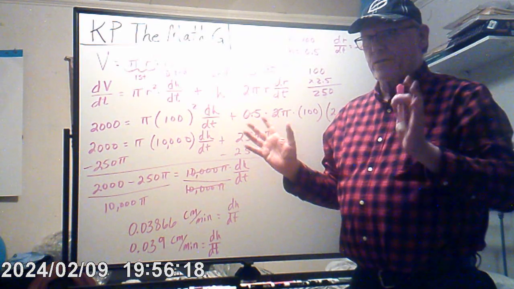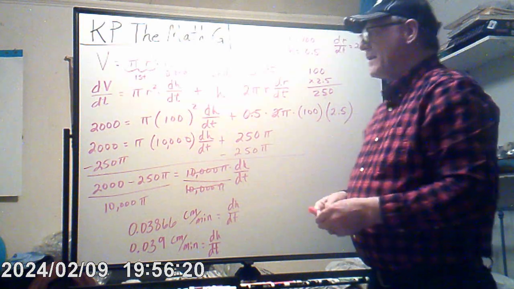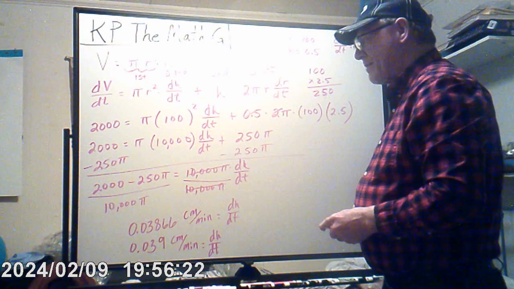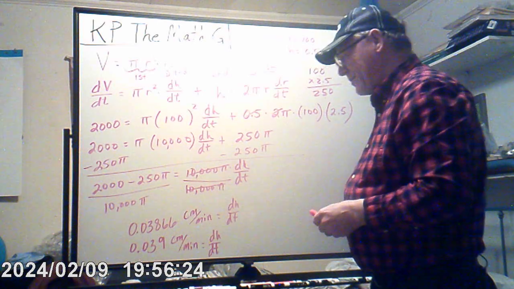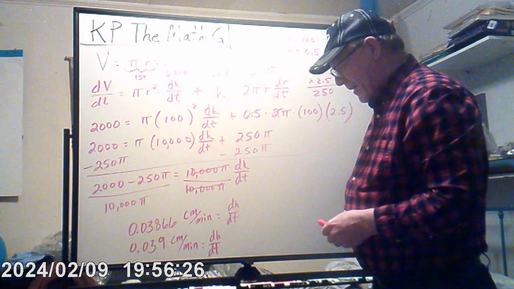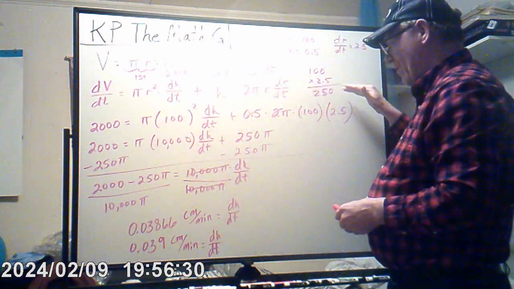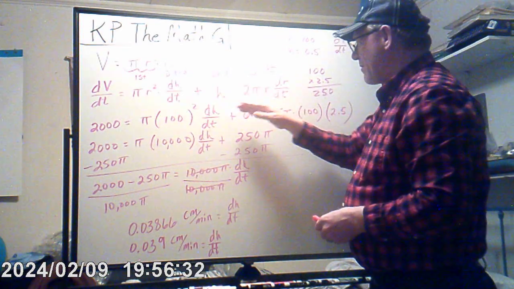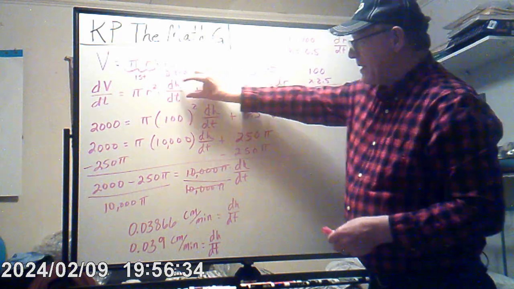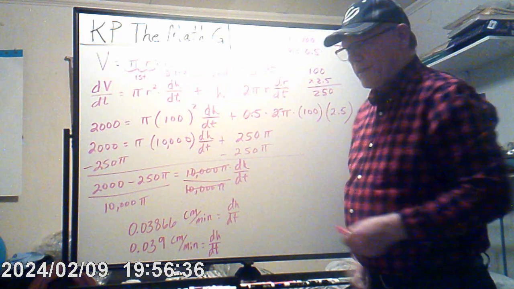Sometimes you can set up a proportion, and here you don't have to. In fact, I would recommend you not to do that here. Just go ahead and take the derivative all the way through, substitute everything in except for, of course, this, and then solve, and you got it.